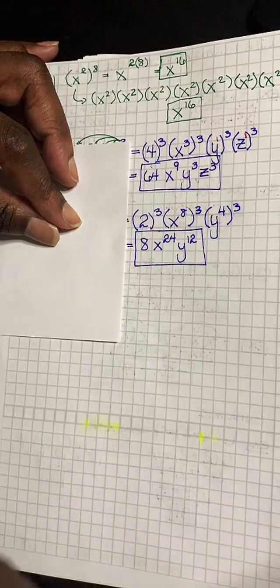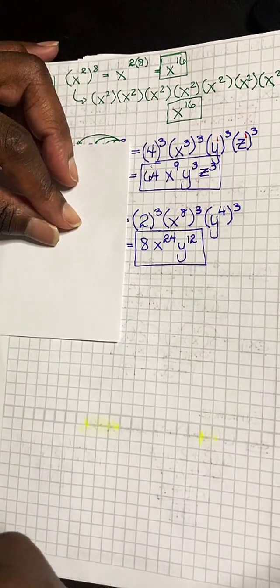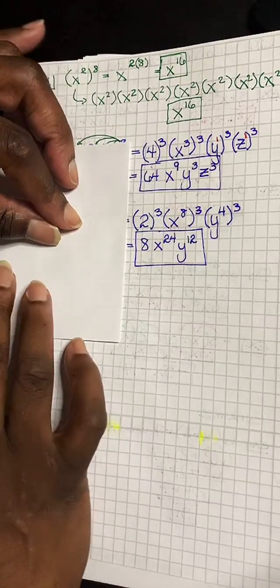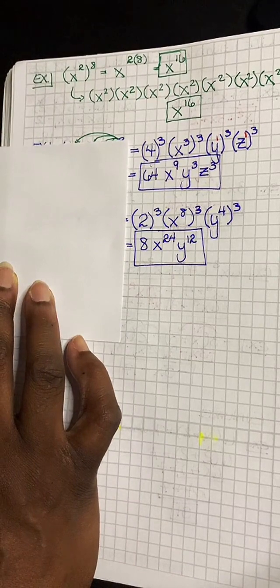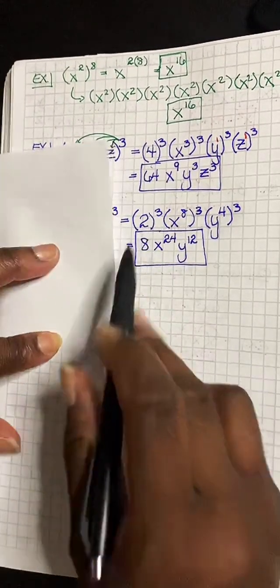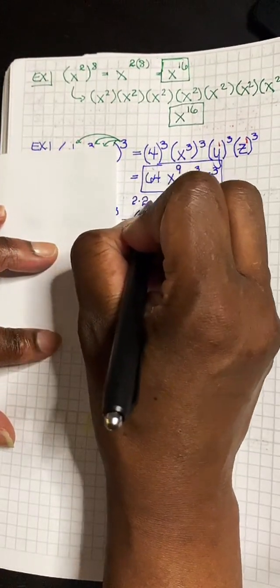So you're going to have to learn to process these things without a calculator. It just takes practice. It's not 2 times 3. Nope. It's the 2 being multiplied by itself 3 times.